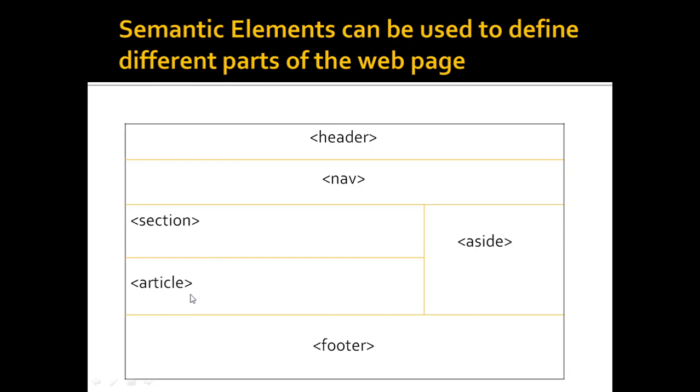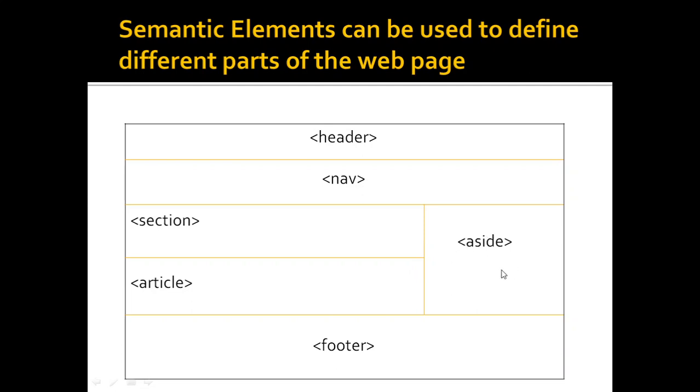After that, there is a semantic element called article. So, article is just like the section, but the thing is that we can have the contents which are not related to the surrounding contents. Such contents we are going to add under the article element. Next to that is the aside.